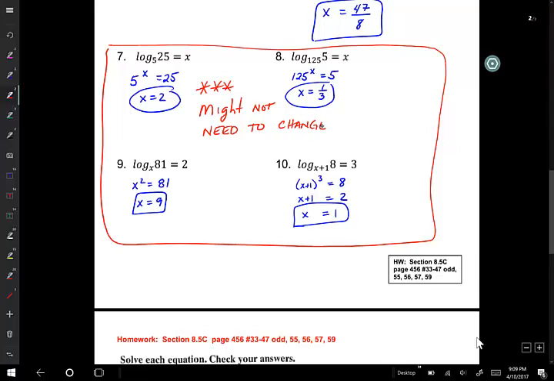It might be a case where you can solve these, you can think through them without changing them to exponential form as you're getting better and better with logarithms. So if you can, use that shortcut. If you can't, then don't use the shortcut. And the shortcut basically is just thinking through the log and saying, hey, 5 to what power equals 25? Without having to write all that out, you might be able to just write the value is 2.